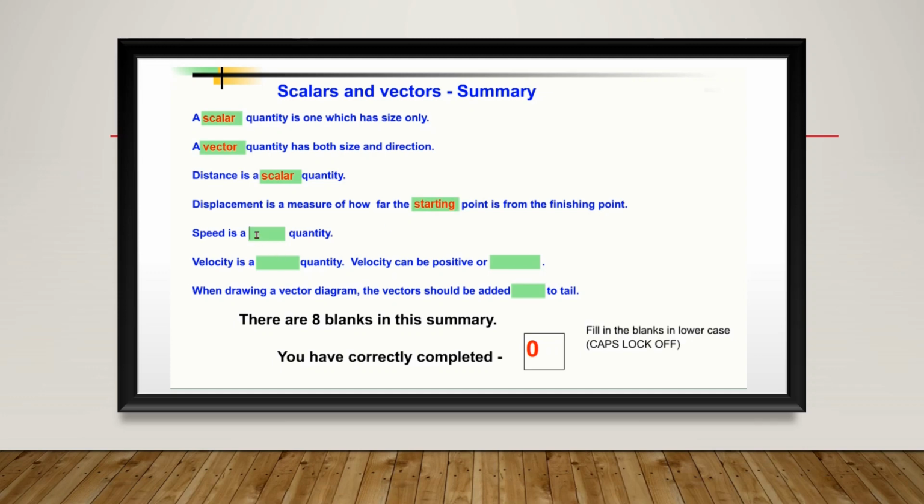Speed is a scalar. Velocity is a vector. Velocity can be positive or negative. When drawing a vector diagram, the vectors should be added head to tail.